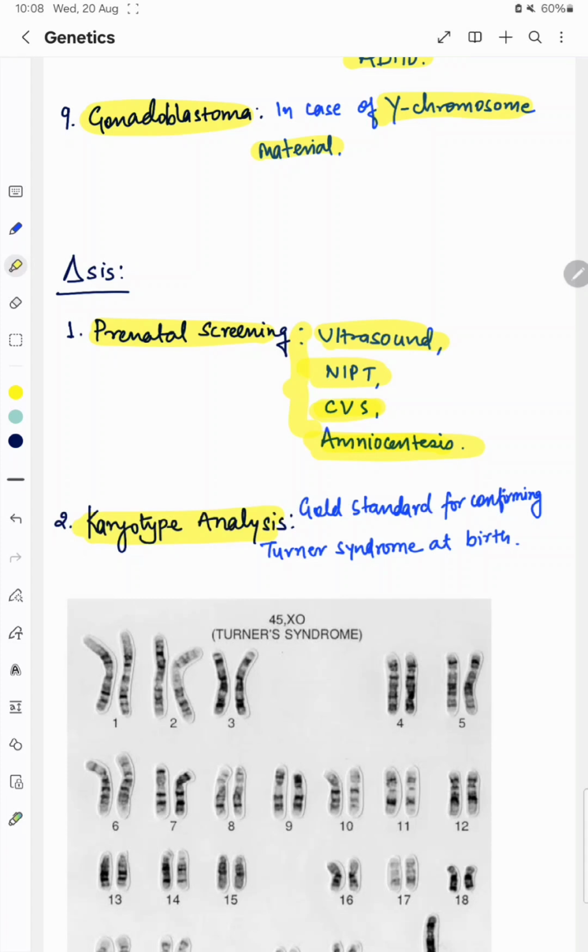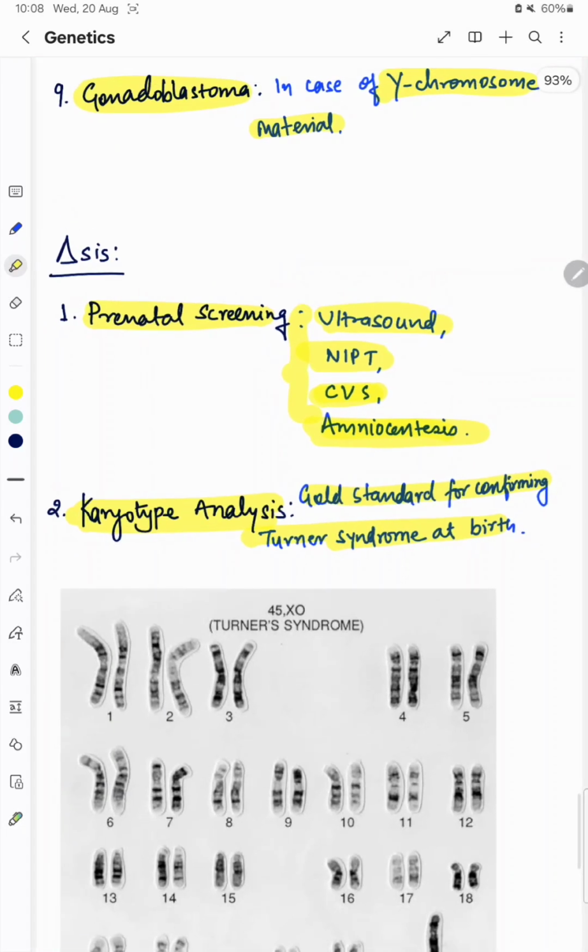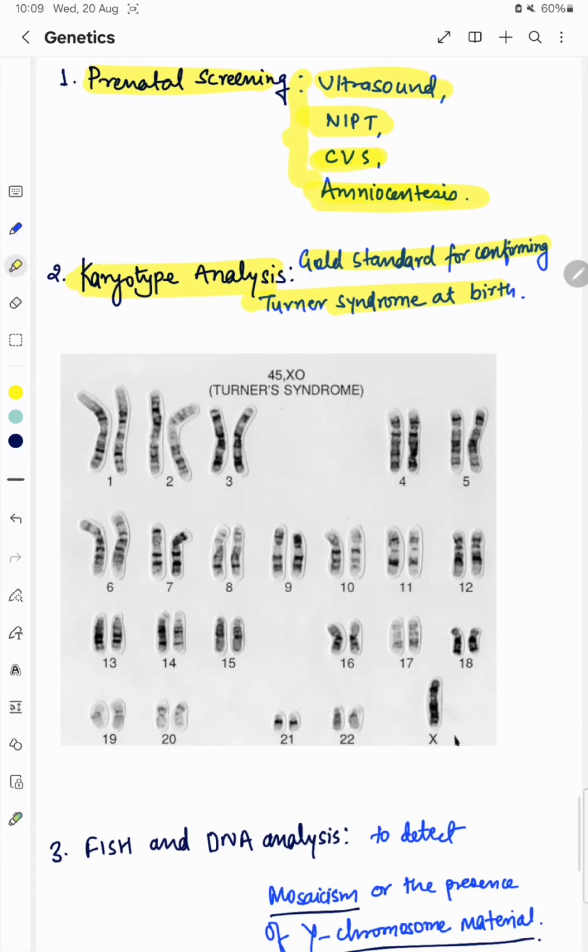Karyotype analysis is basically the gold standard for confirming Turner syndrome at birth. As we have discussed, the karyotype represents the pattern or arrangement of chromosomes present in a cell, from chromosome 1 to 22 followed by the sex chromosomes, XX in female, XY in male.